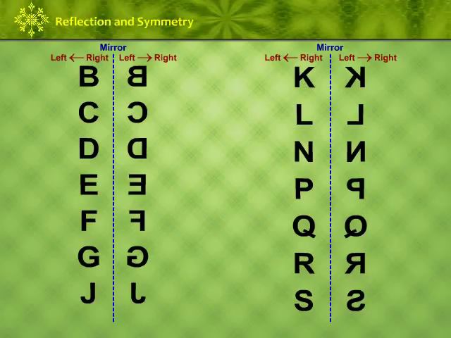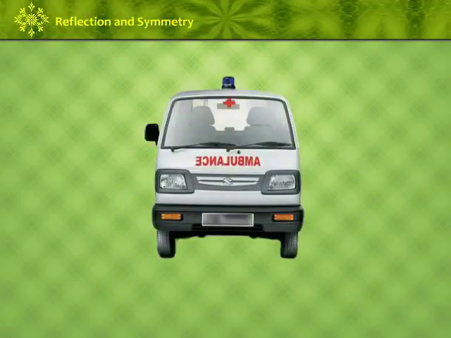This concept is used in writing word ambulance in reverse manner on the ambulance vehicle, so that the other vehicles while driving can read it correctly in their rear mirror.